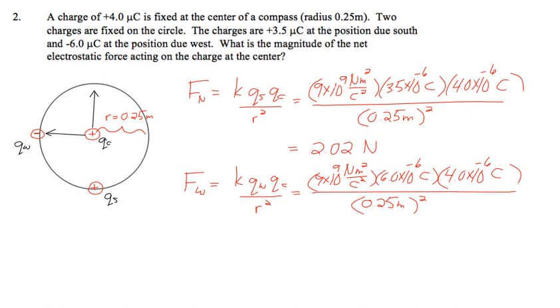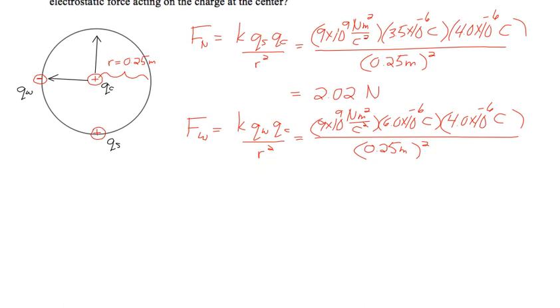So what do you get for that answer? What is it? 3.46. All right, so now that we know those two, we can add these tip to tail, and that will get me the resultant.